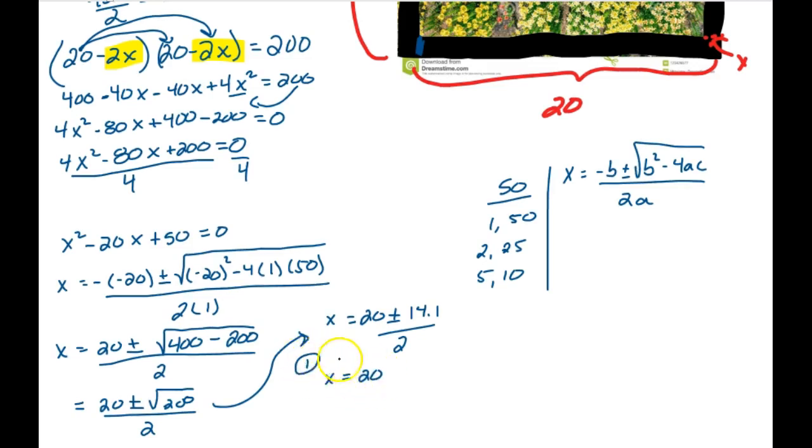So first answer, we'll use the plus. 20 plus 14.1 is 34.1, so 34.1 divided by 2, and you get 17.05. So we can say 17.